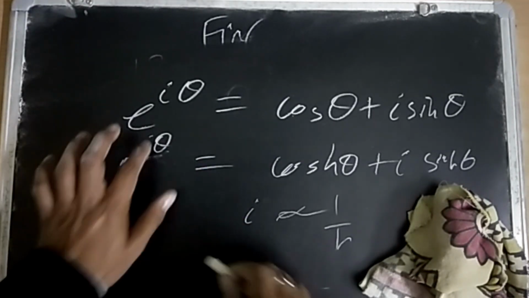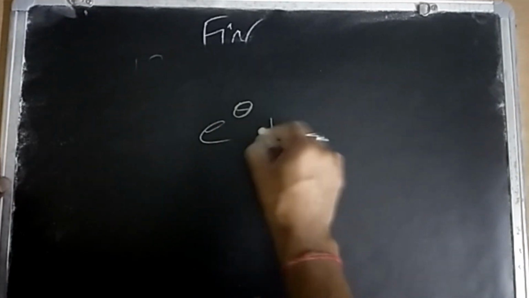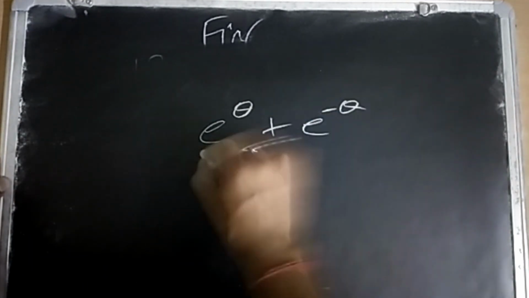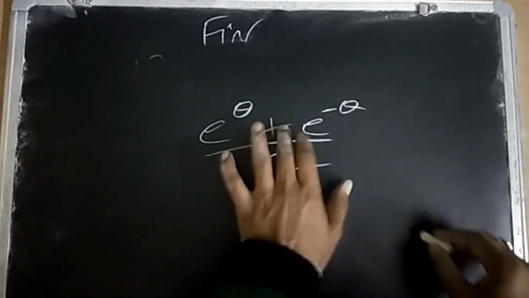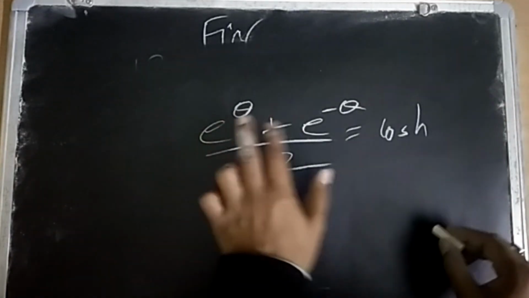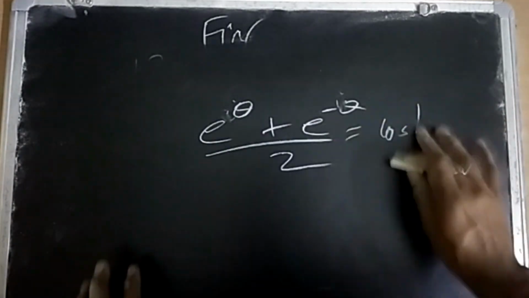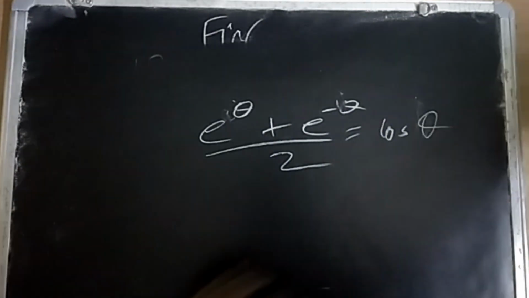This is similar to how we write e^theta plus e^minus theta by 2, and since this is plus, it will be cos hyperbolic, because iota is not there. If iota was there, it would be cos theta. You can revise that in maths, but the main thing is that tan h ml comes from there.